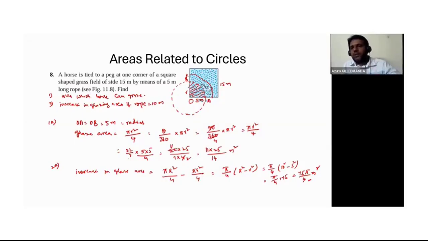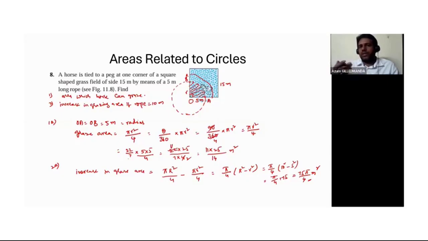So the length of the rope becomes the radius. That's the clue you need. When the length of the rope becomes the radius, it can graze an area of pi r square by 4. Understood? That's what we found for the first one. And then the increase in graze area if the length of the rope is increased from 5 to 10.